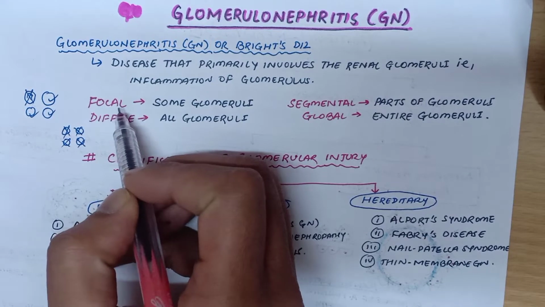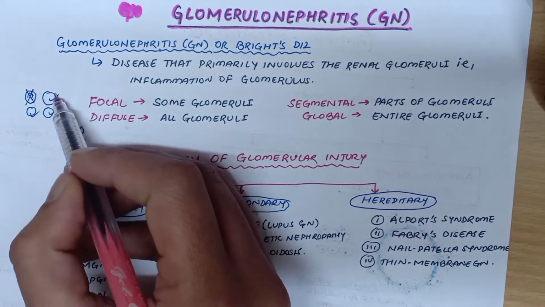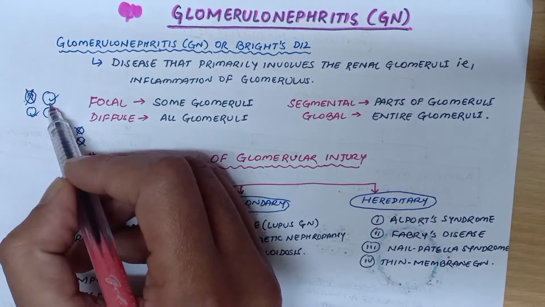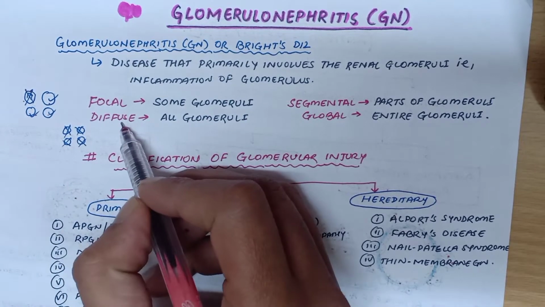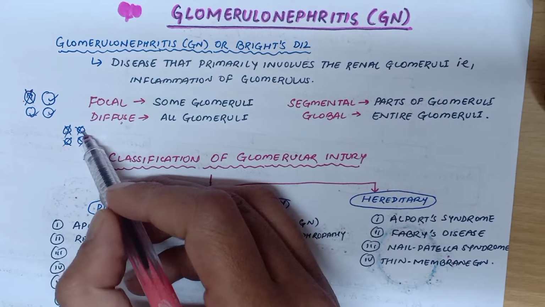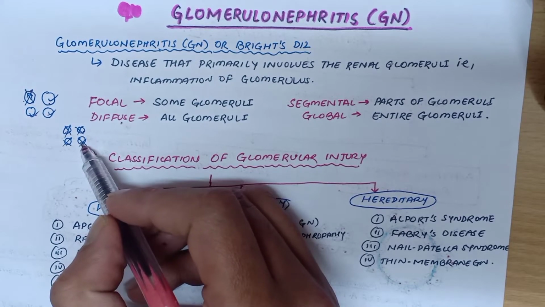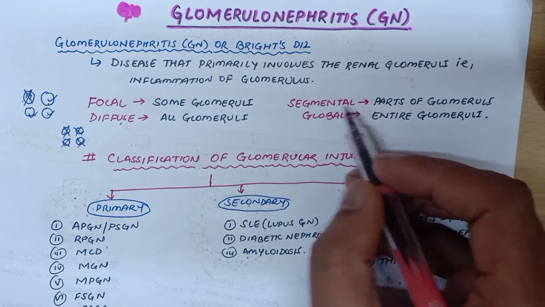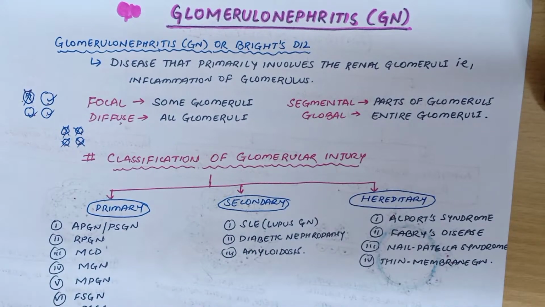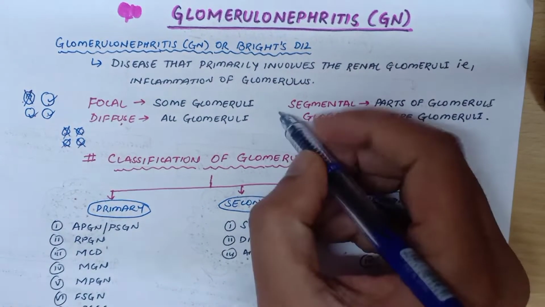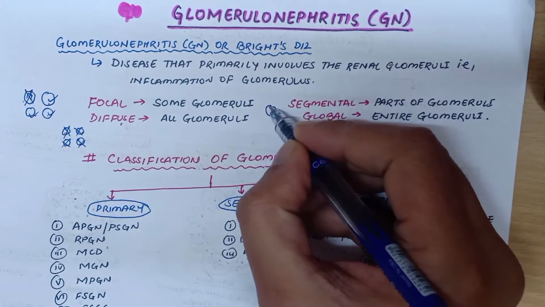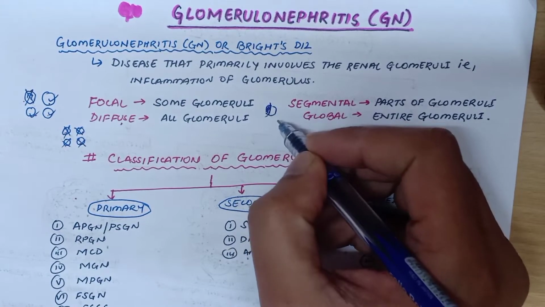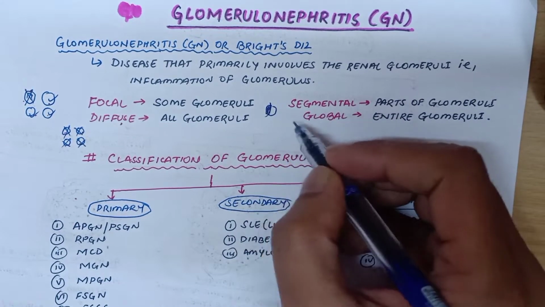In focal glomerulonephritis, only some glomeruli are affected, whereas others are normal. In diffuse glomerulonephritis, all the glomeruli are affected. In case of segmental glomerulonephritis, only a part of the glomerulus is affected, and the other side will be normal.